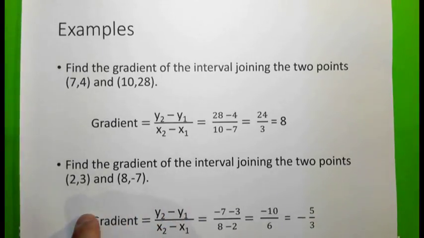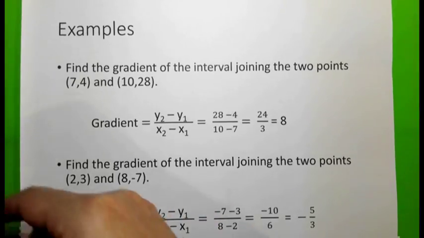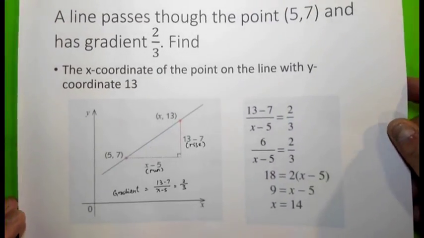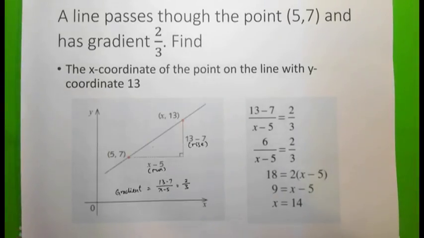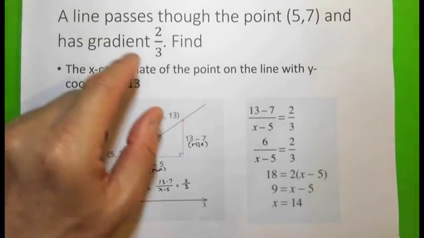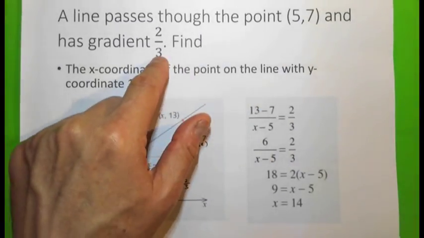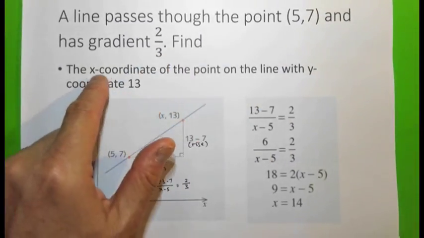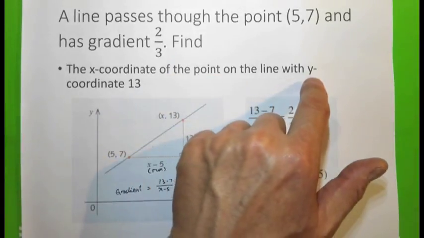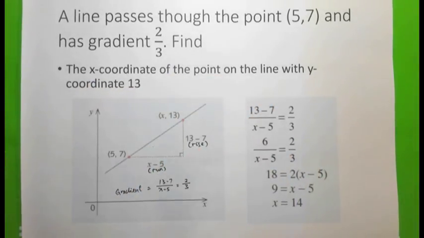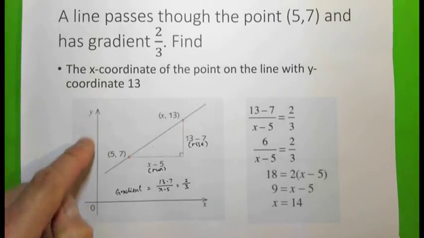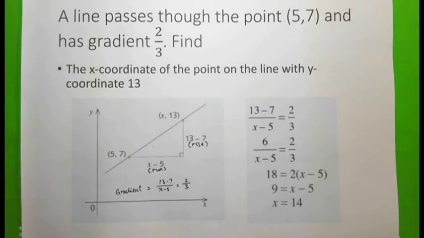Using this formula, we can reverse engineer it and look for x or y coordinates. So let's look at this example where a line passes through the point (5, 7) and has a gradient of 2/3. We need to find the x coordinate of the point on the line with y coordinate 13. We can actually draw out this line.